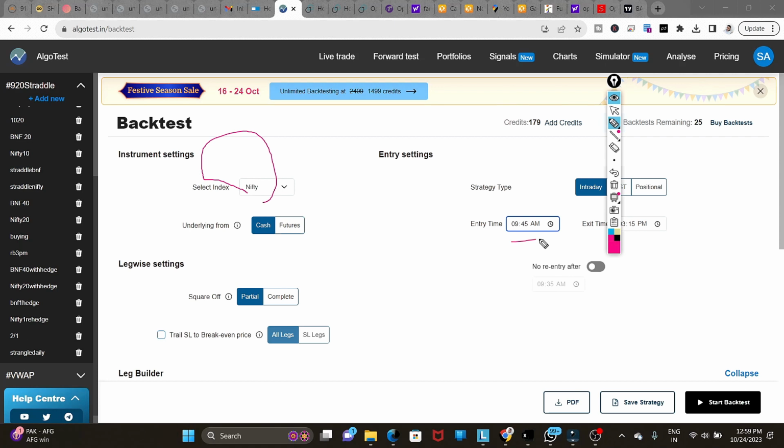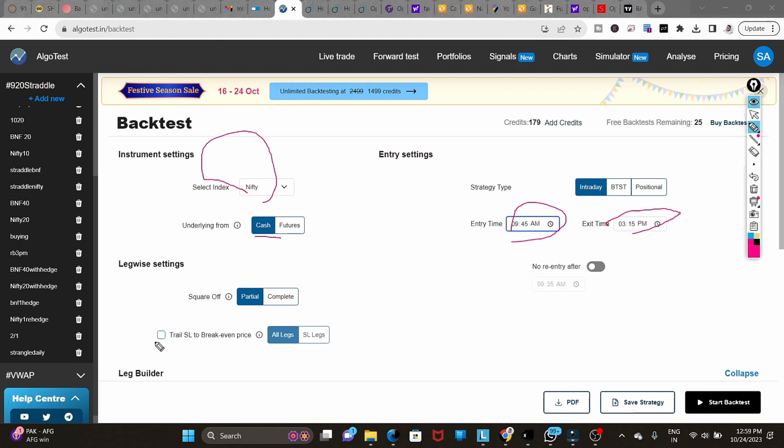We are using a time frame of 9:45. Our entry time is 9:45 and exit time is 3:15. This is our time, and underlying we always follow the cash square of partial and trailing stop loss to break even in price. So we will first make a strategy.